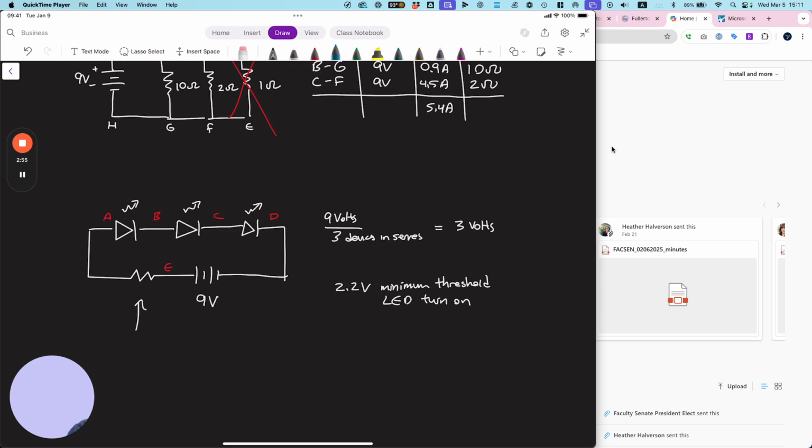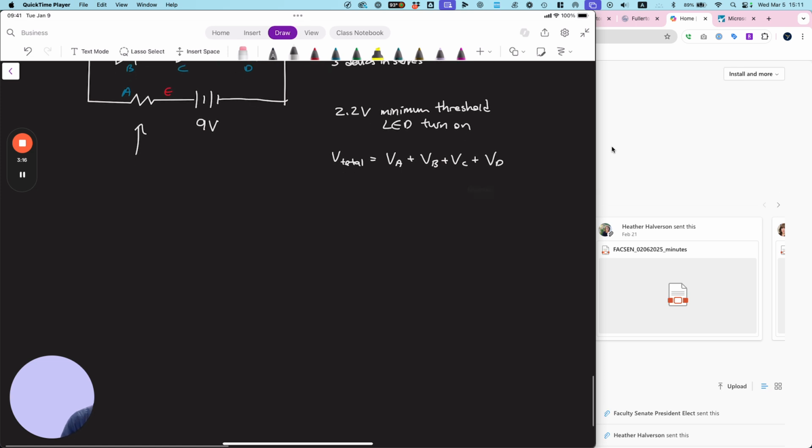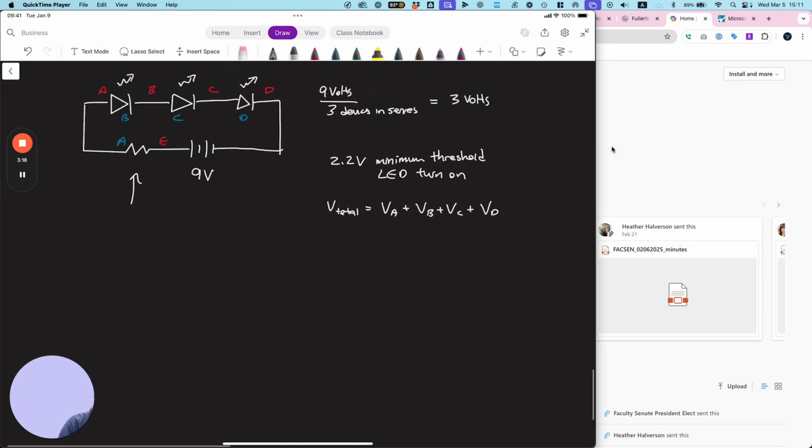I'm going to give this letter A, B, C, D. Okay, so voltage total equals voltage of A plus voltage of B plus voltage of C plus voltage of D. Does that make sense? It's going to be the sum of all of them. Our total voltage we know is going to be 9 volts, right?